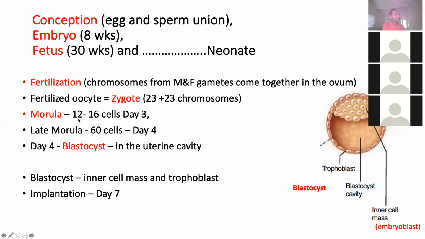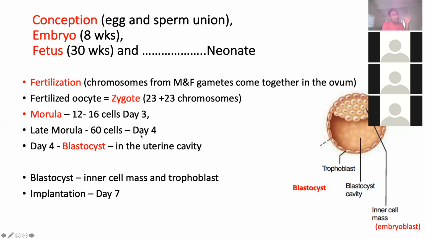At the stage of morula, we will have about 12 to 16 cells. And the late morula, just before it gets into the uterine cavity, is about 60 cells.